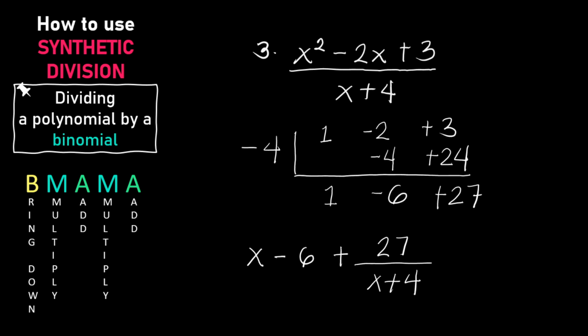And because this is not 0, we have a remainder, 27 over x plus 4. So, the answer is x minus 6 plus 27 over x plus 4.